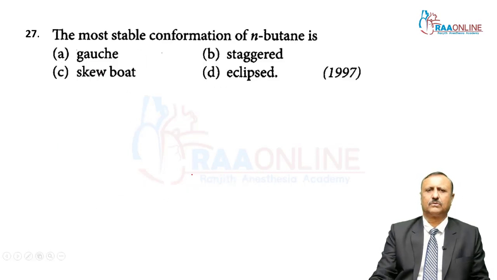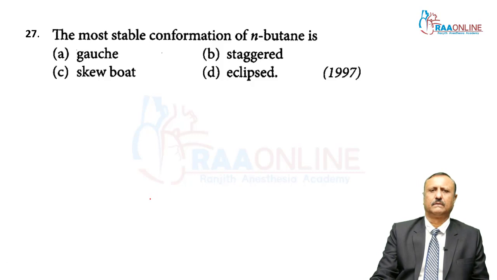Now we can go to question number 27. The most stable conformation of n-butane is, as I also told you, the staggered form. The staggered form is always more stable than the eclipsed form. When we see the ethane molecule, this type of form is called staggered.